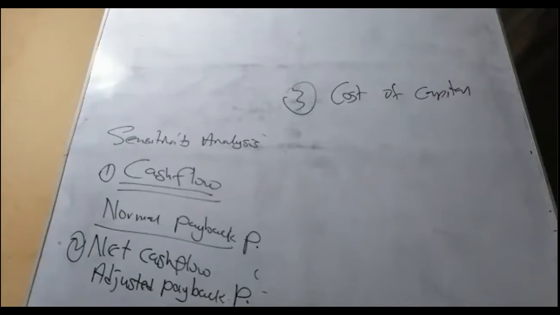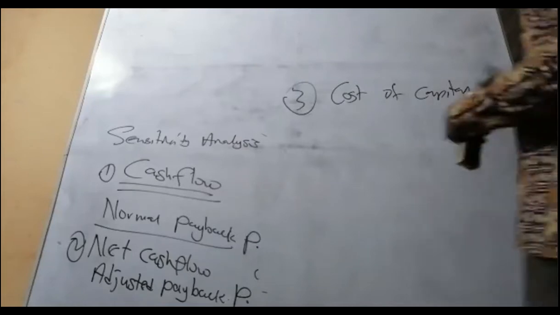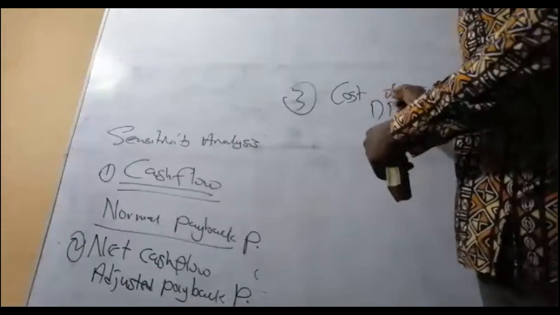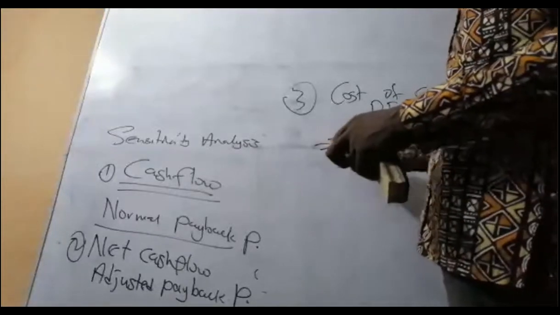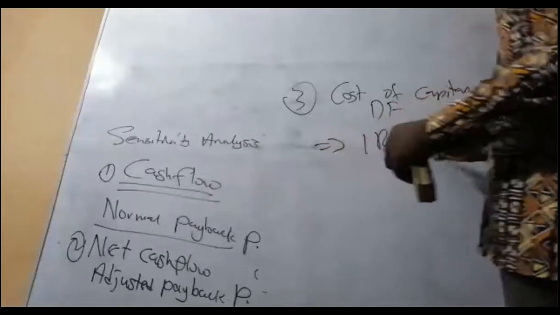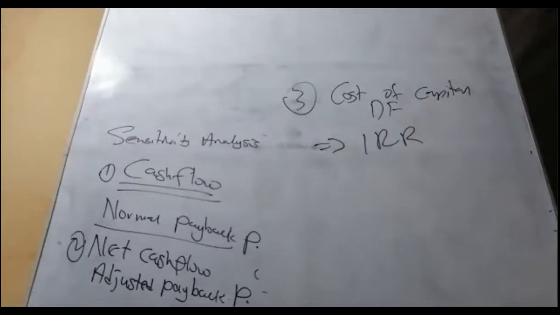So conducting sensitivity analysis on the discount factor, or cost of capital, is the same thing. They are just asking you to calculate what is equal to the internal rate of return. That's all, and with all of these we are done.